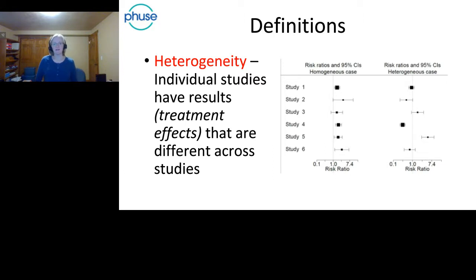The study data could be different between studies, but maybe the treatment effect, your difference between drug and placebo, can still very well be the same across your studies. So it's homogeneous when your treatment effect is consistent across your studies, and you have heterogeneity when that treatment effect is different across studies.